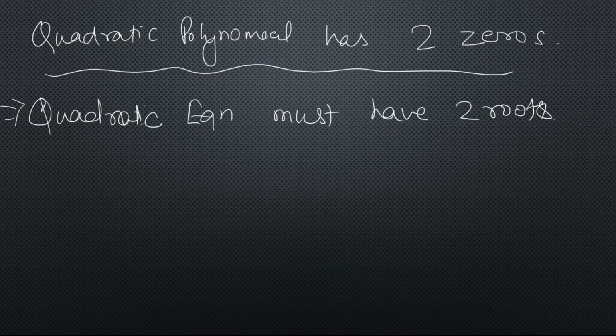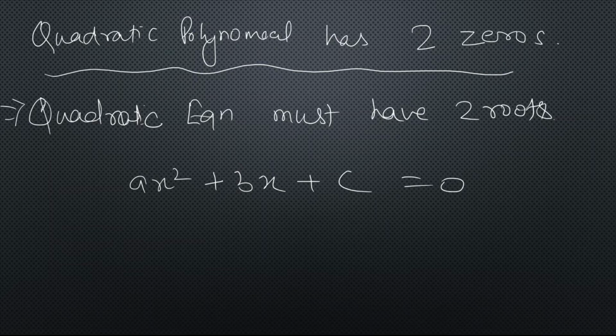So if we see, a quadratic polynomial can be split into factors by splitting the middle term, okay. Suppose ax square plus bx plus c is equal to 0, okay.